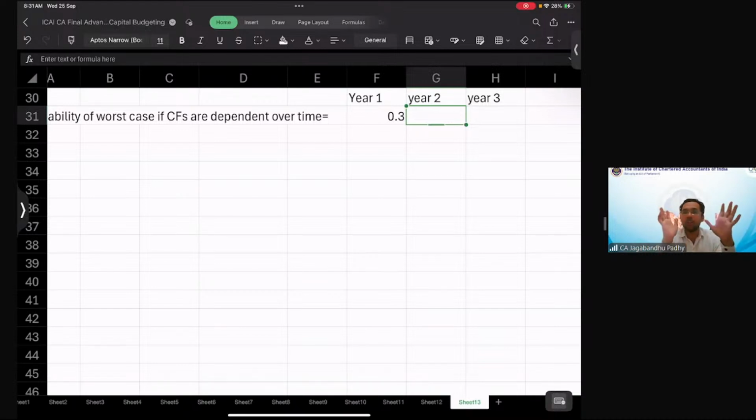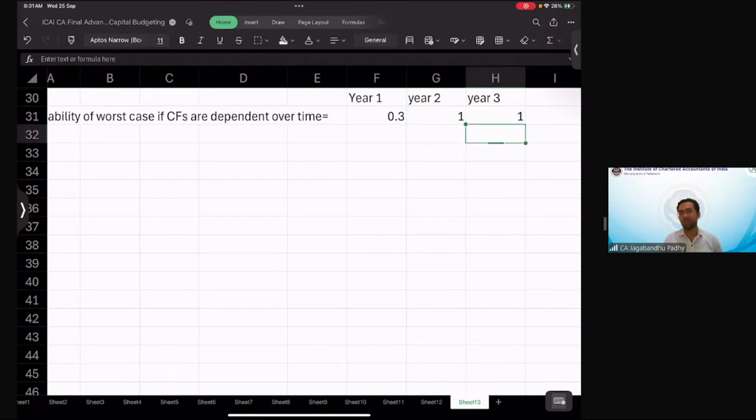What's the probability in year two and year three that you will get worst cash flow? Tell me, guys. I have got a lot of answers, but only one student has given me the correct answer. Very good, Karthik. The probability is 1 in year 2 and year 3.